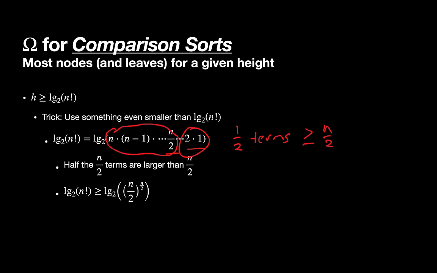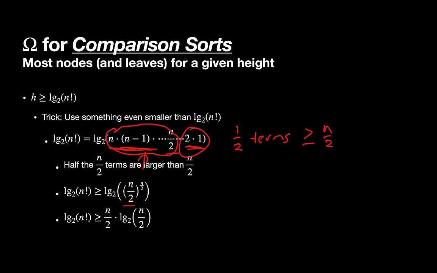Again, this has several terms that are greater than n over 2, and also some of them that are less, and so this overall expression will be smaller than n factorial. We can then adjust the relationship a little bit further: take the exponent out of the log, and it'll be a coefficient on the log.